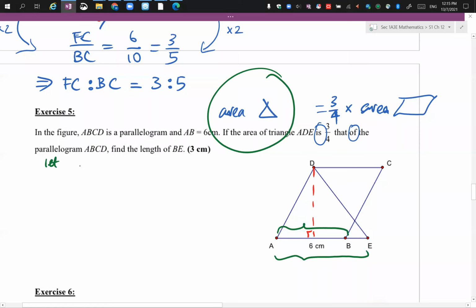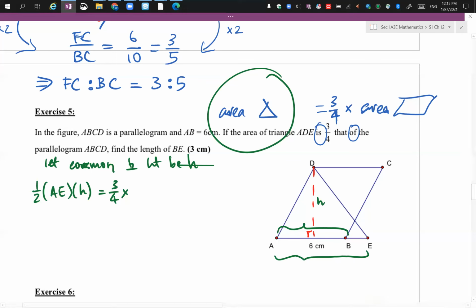So you label over here H. So area of triangle, half times AE times H equals 3/4 times area of parallelogram. The area of a parallelogram has a formula, base times perpendicular height. So this will be AB times H.